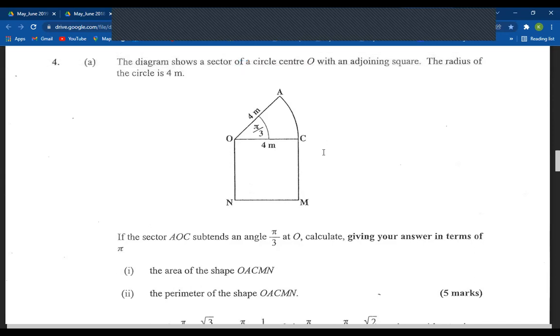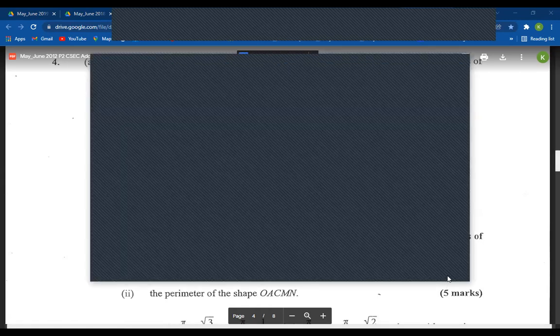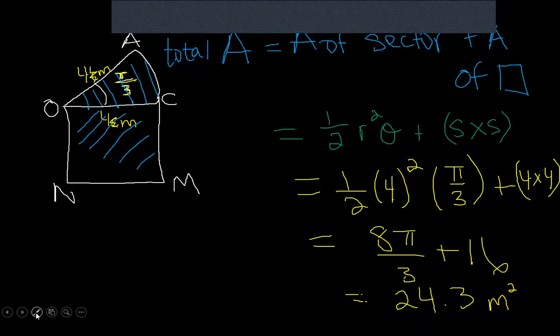They did not give us AC. So what does that mean? We need to find AC. Everybody following that? Yes, miss. Okay. We know a formula to find arc length. Can anybody tell me what's the formula?